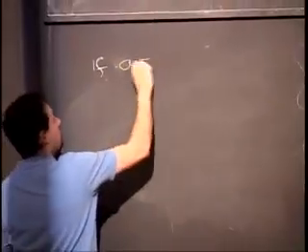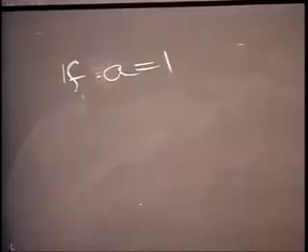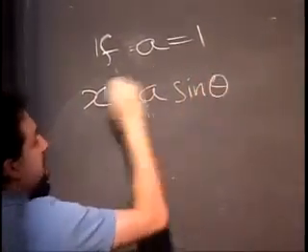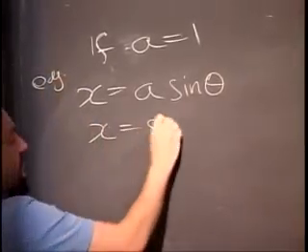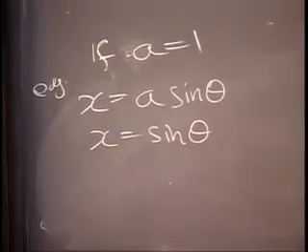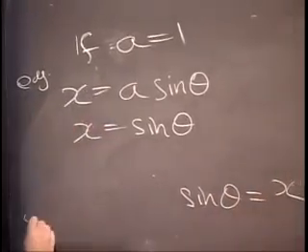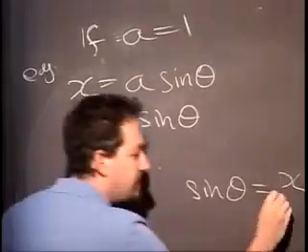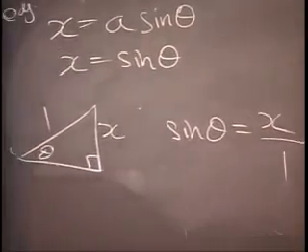If a equals 1, in any of these types, not just type 3, you'll have something like x equals, say, a sine theta for the first type. You would just write, in this case, x equals sine theta. And ironically, it can be hard to tell what the triangle should look like. You would just write sine theta is x. And it's not so easy to see that you really need to write it over 1, just to be really clear that the other side is 1.